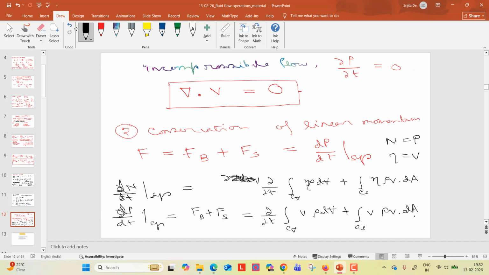So this is your conservation of linear momentum.